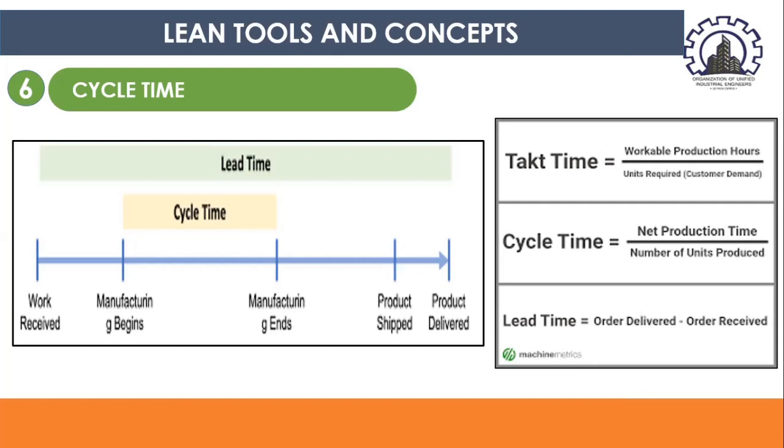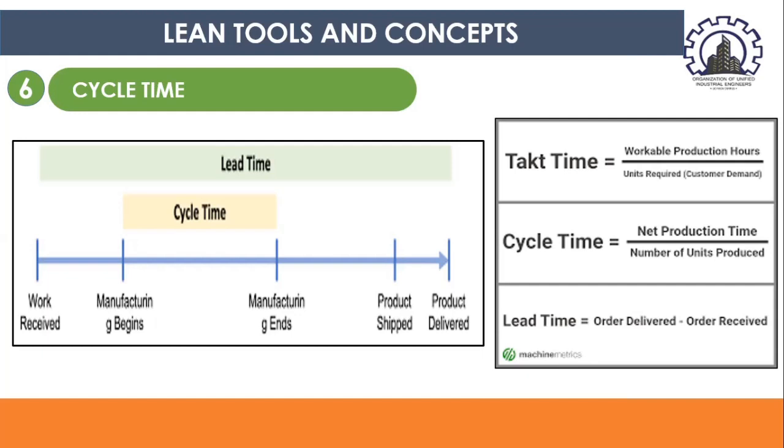Lead time is equal to order delivered minus order received. In this case, the lead time I'm referring to is computed from the delivery up until the receipt of the product by the customer. So that's the lead time I'm referring to in this particular example.